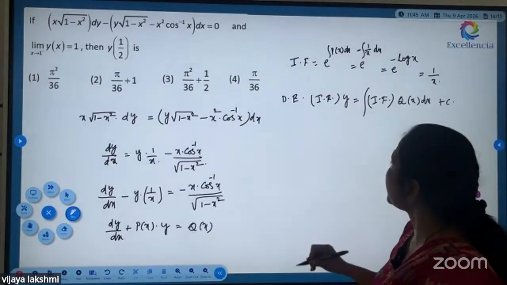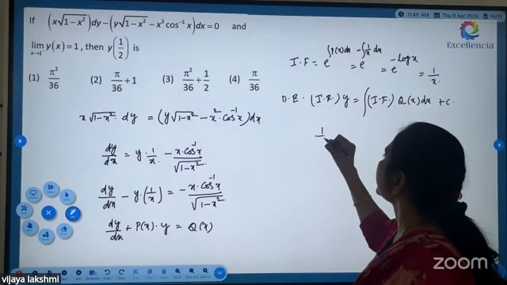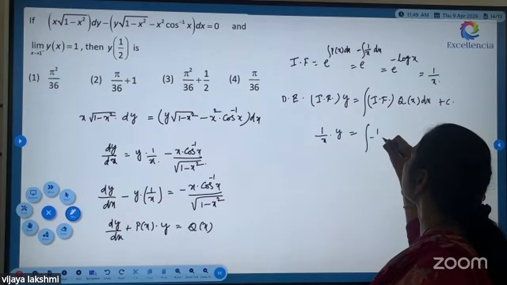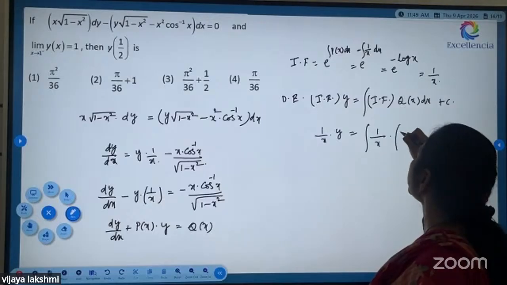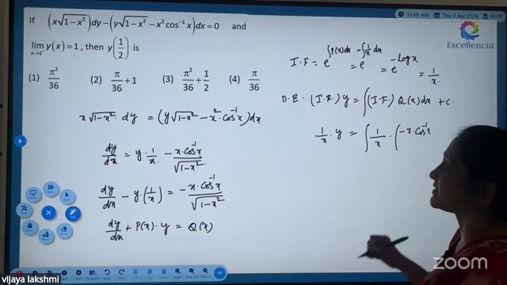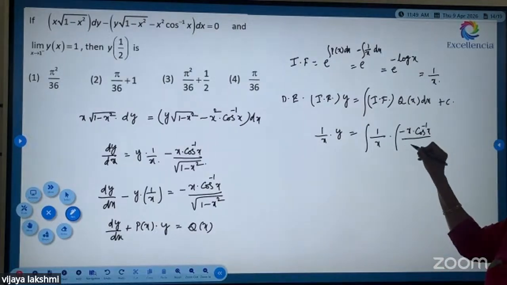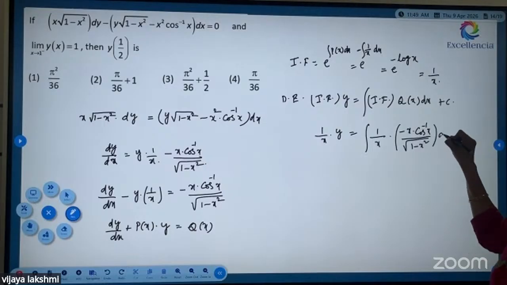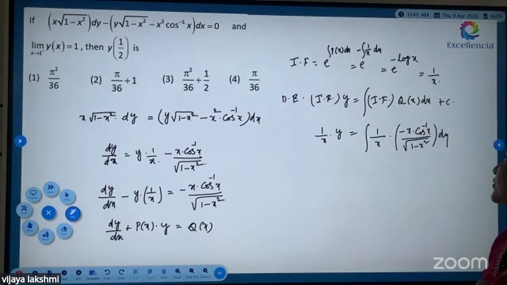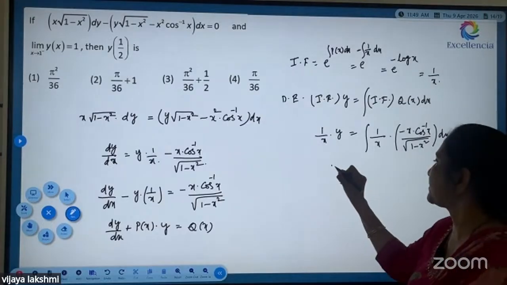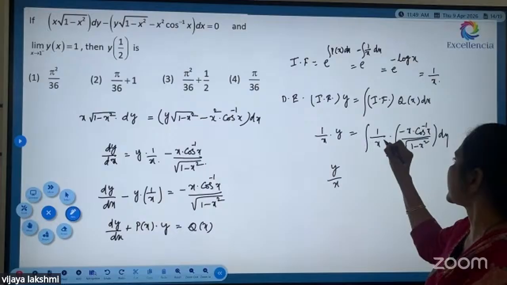And the integrating factor, what do you get? 1 by x, into q of x, which is minus x into cos inverse x divided by square root of 1 minus x squared, dx. Then you can write it as y by x; the x gets cancelled.